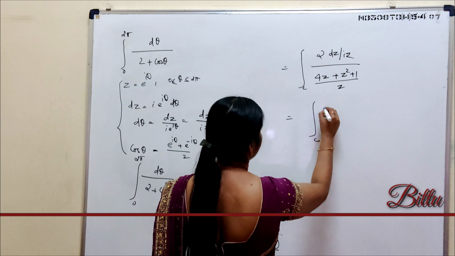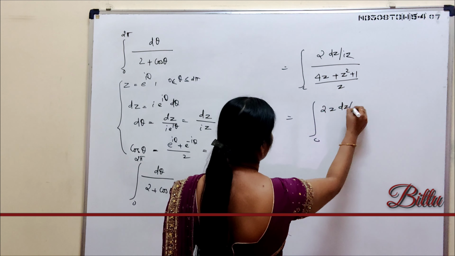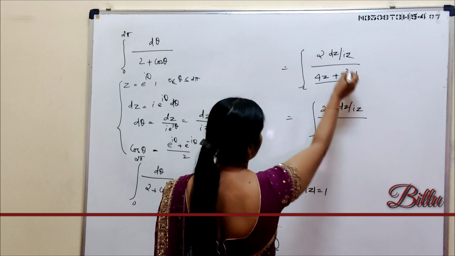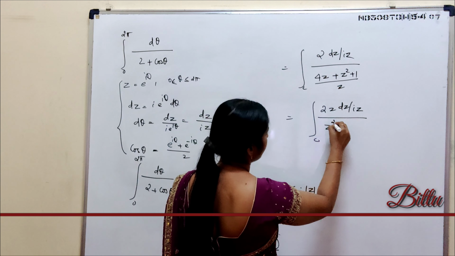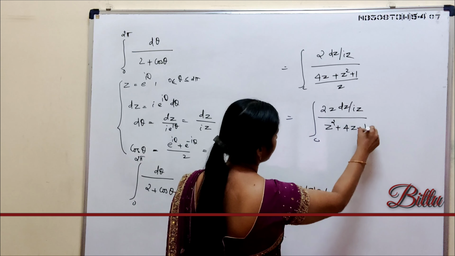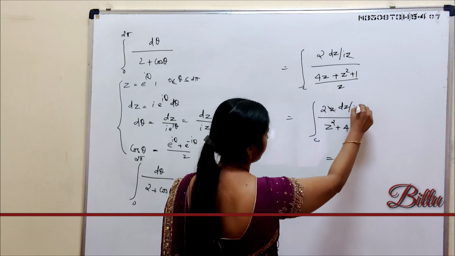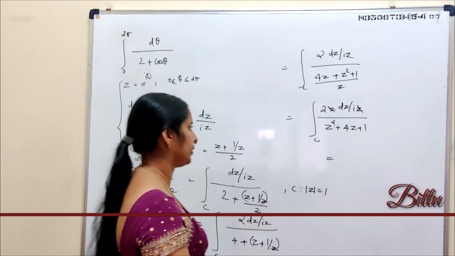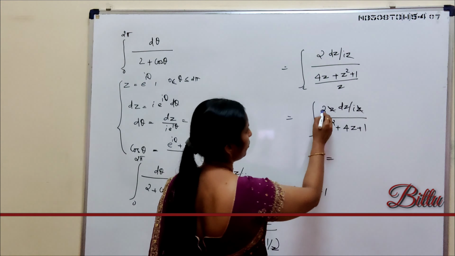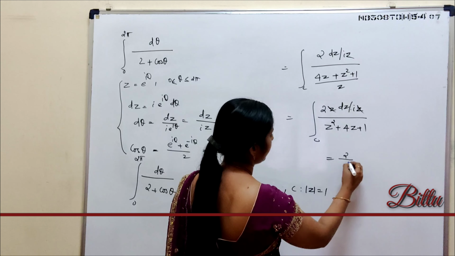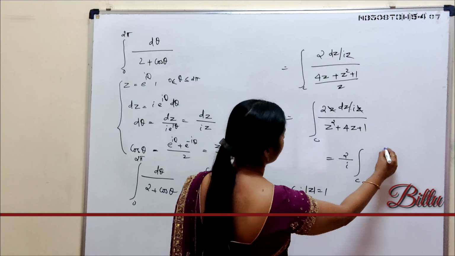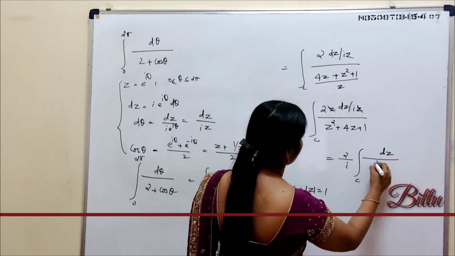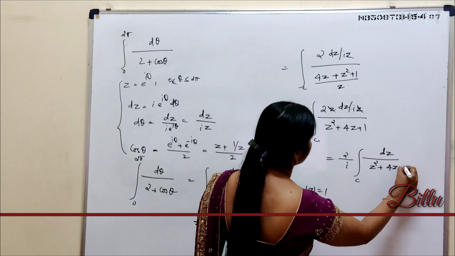That is integral over c 2z dz by iz. This z goes to the numerator, z square plus 4z plus 1, and this z will cancel with this z. See, 2 by i is a constant, so you take it outside. Integral over c dz by z square plus 4z plus 1.